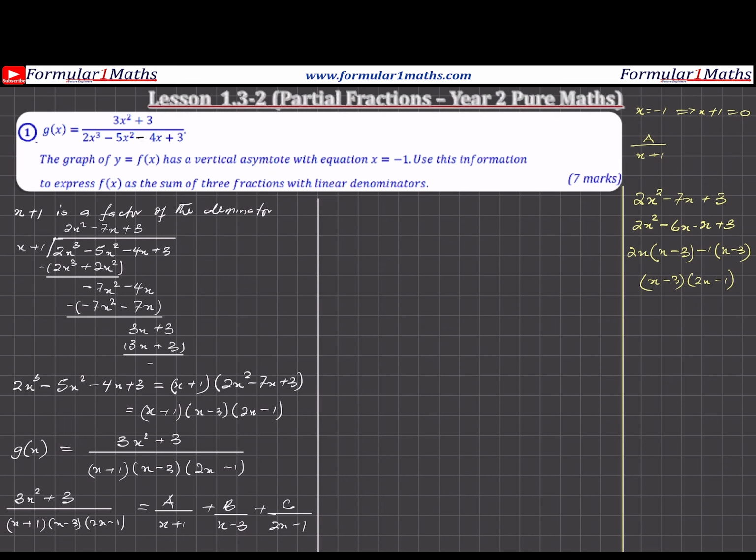So I'm going to multiply all the four terms by the denominator here. So if I do that, I'll have 3x squared plus 3 on the left hand side, and on the right hand side I'll have a brackets x minus 3 times 2x minus 1, because the x plus 1 will cancel that x plus 1.